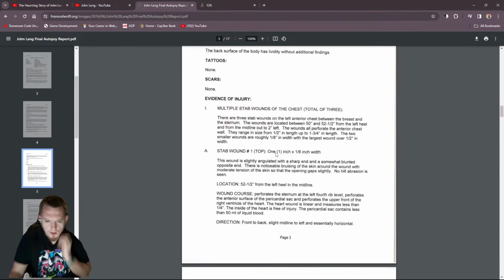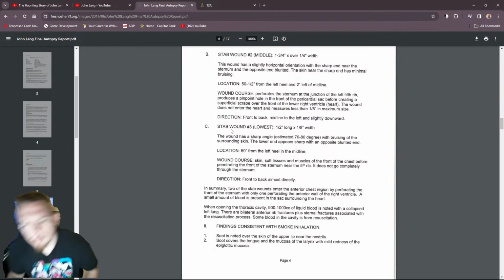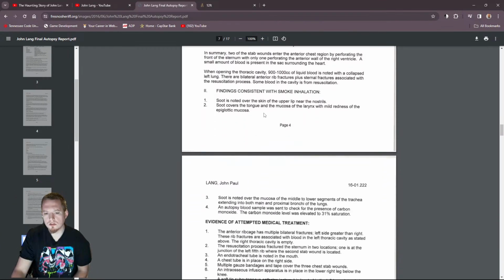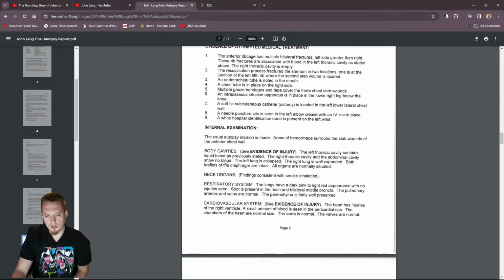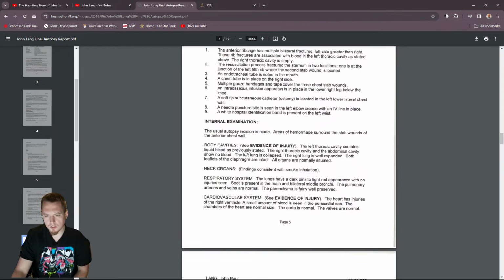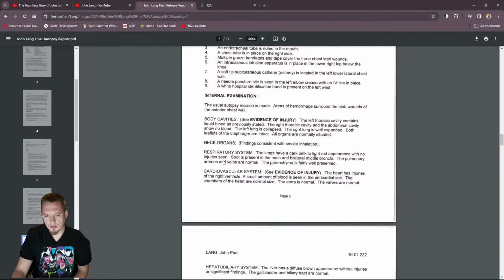Okay. So we're in the stab wounds. Smoke inhalation, medical treatment, internal examination, left lung collapsed, right ventricle, probably because he stabbed himself, maybe in the heart.